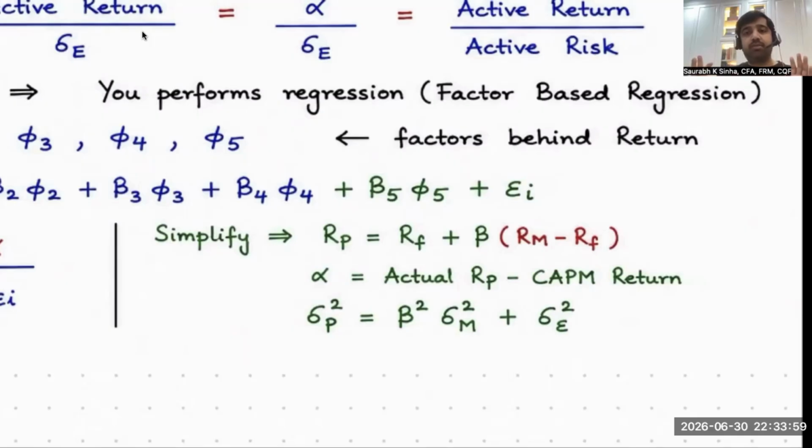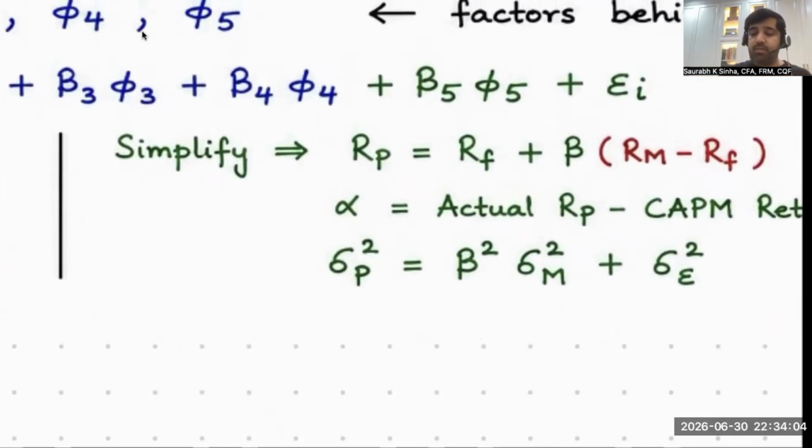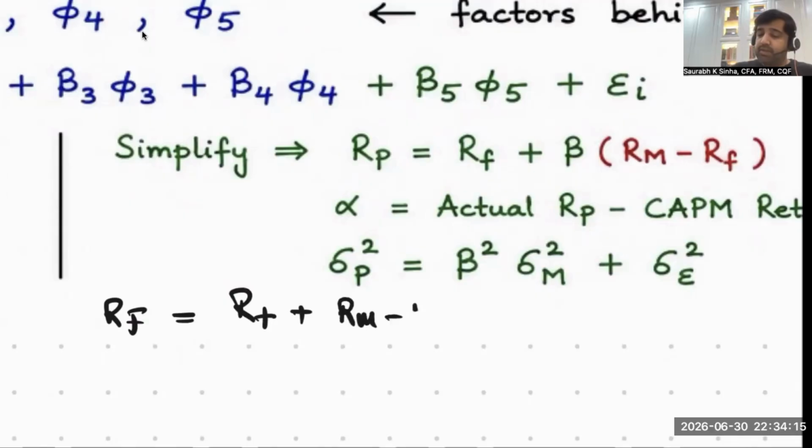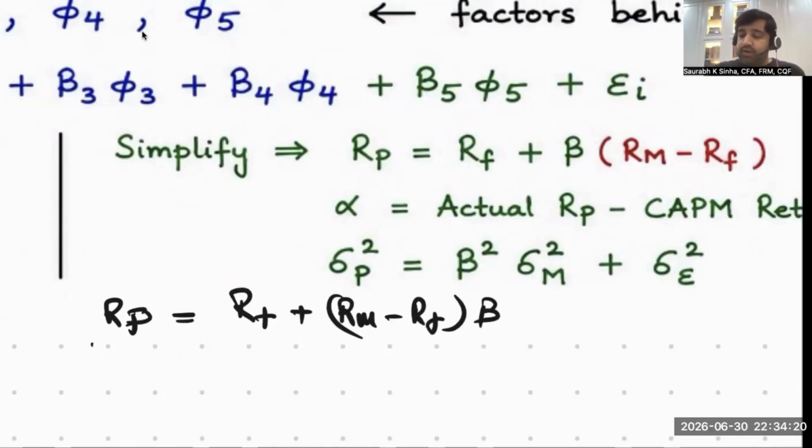If you really want to simplify this, let's use the CAPM model. The CAPM model says that the return of the portfolio can be explained by a factor, the market factor. So I'll write RF plus beta into (RM minus RF). The portfolio return can be explained with the help of this regression equation.